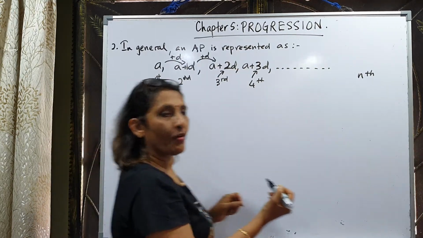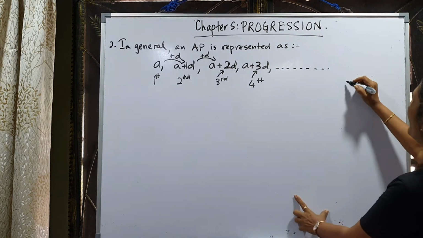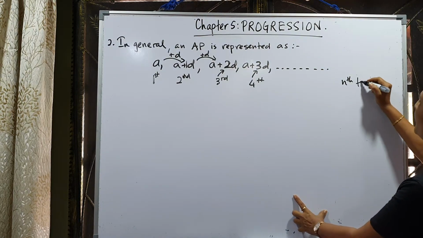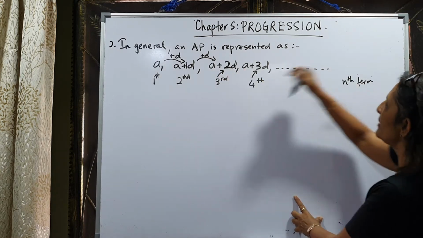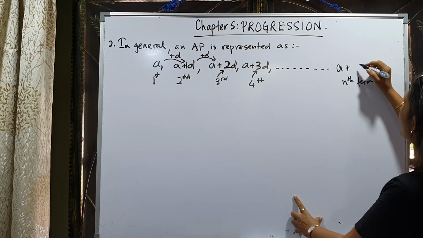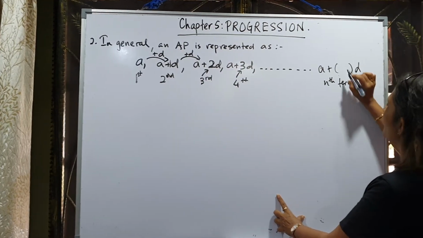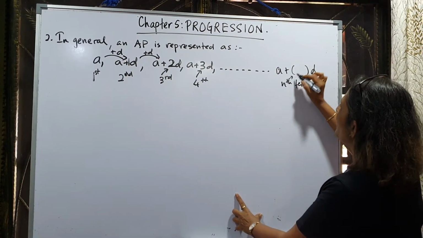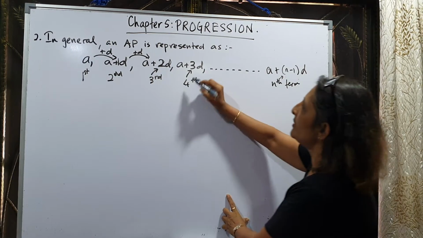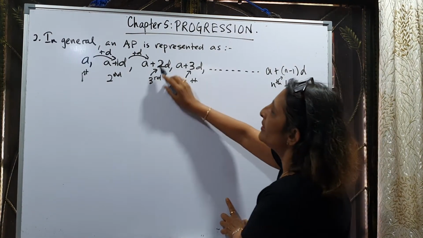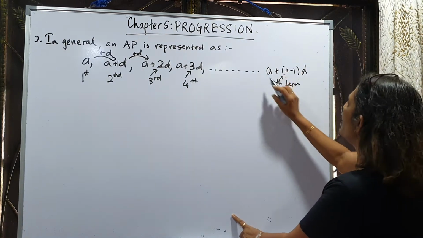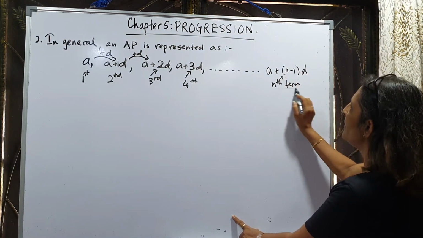Therefore, in order to get the nth term, A is all the time the same, so A plus what? D times n minus 1, because it's 1 less than the term number. You see the pattern? So therefore we got this as my nth term.